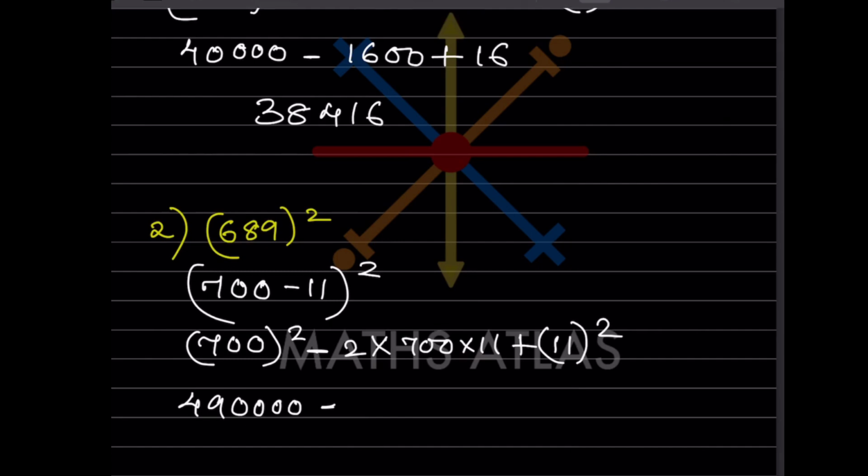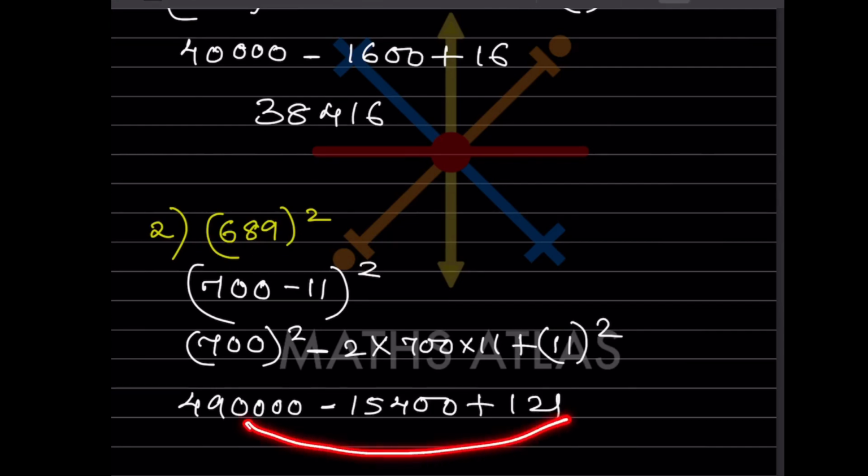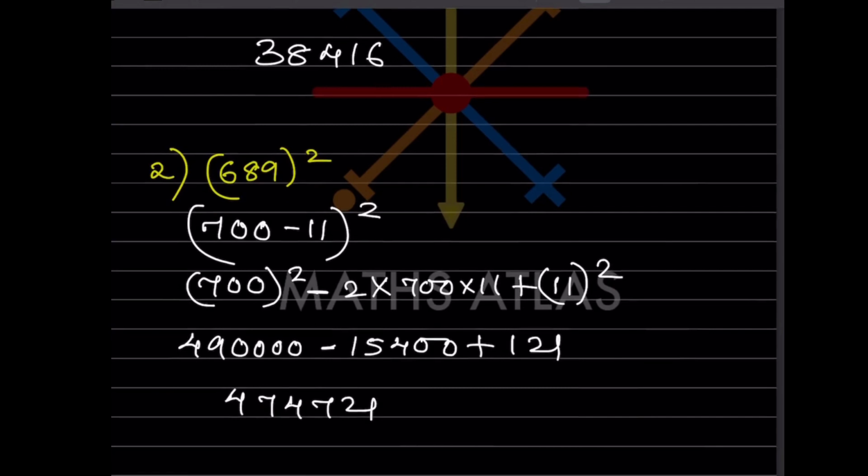So 14 into 11, that is going to be 154 and 2 zeros, and 11 square means it is going to be 121. So again you will add this together and then subtract this one. So that is going to be 4721. You can just check.